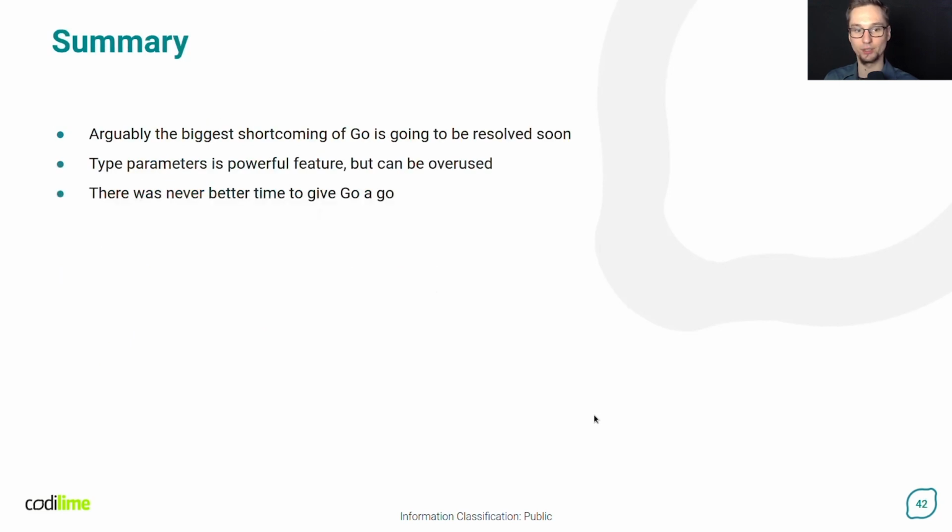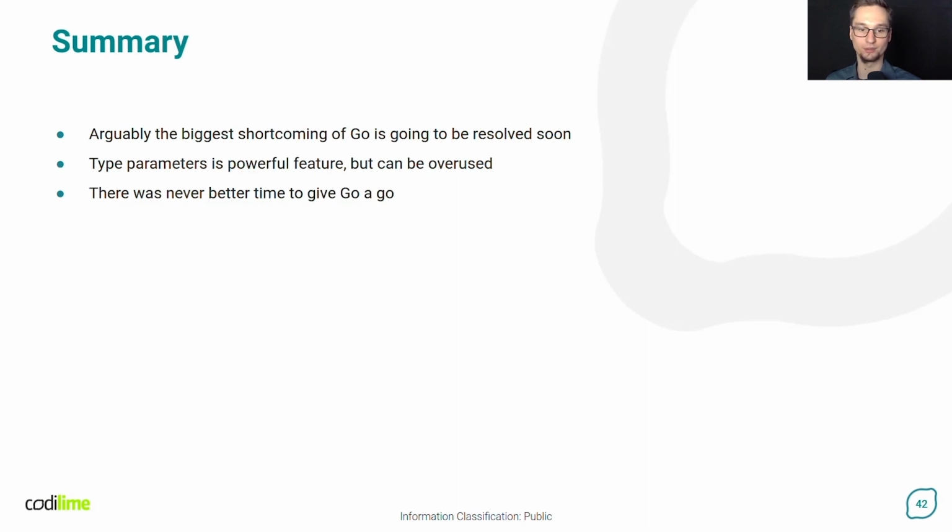Okay, so to sum up, arguably the biggest shortcoming of Go is going to be resolved soon. Type parameters are a powerful feature, but programmers need to try not to overuse them, because this is the same thing as with channels and so on.